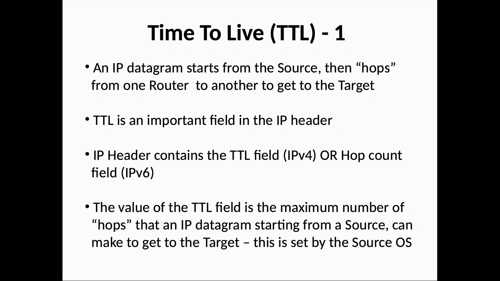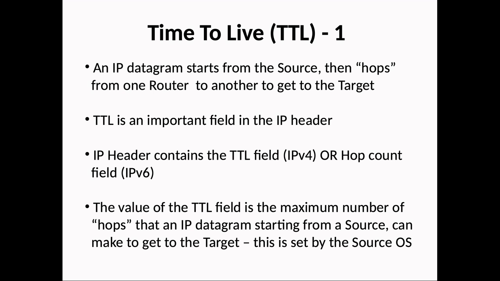This process of an IP datagram getting from one device to another, routers included, is called hopping. For example, from the source device, the IP datagram reaches the directly connected router, that's one hop. Then from there, the next router, that's another hop, and so on.